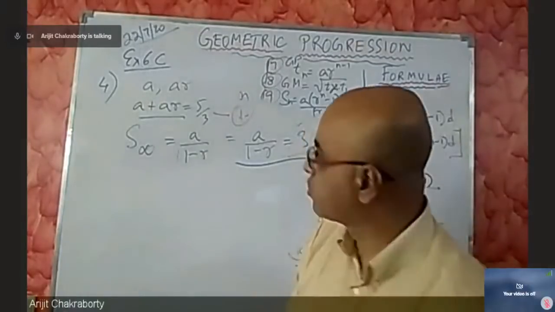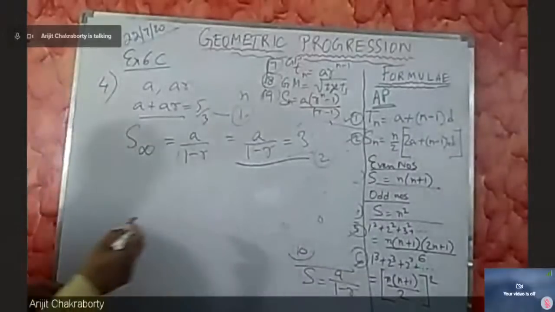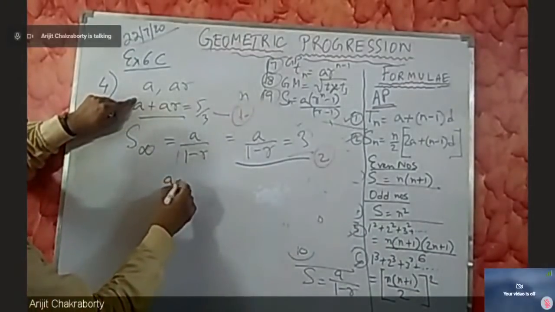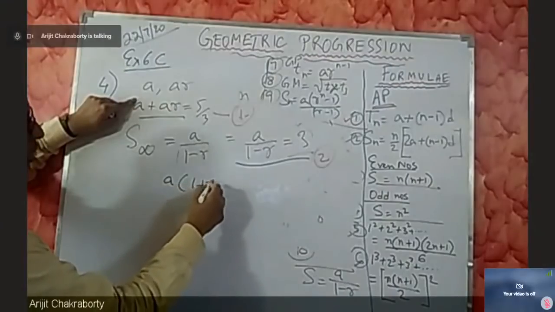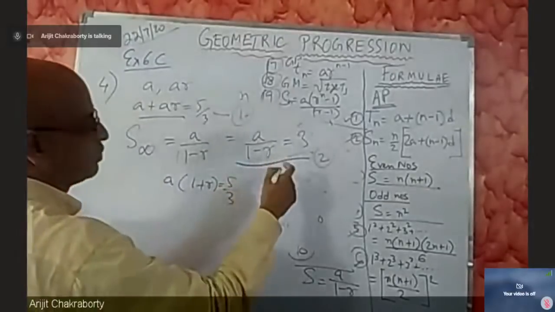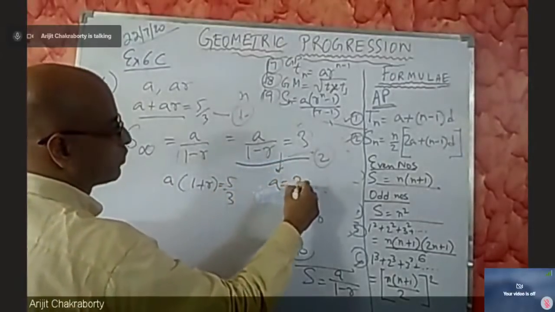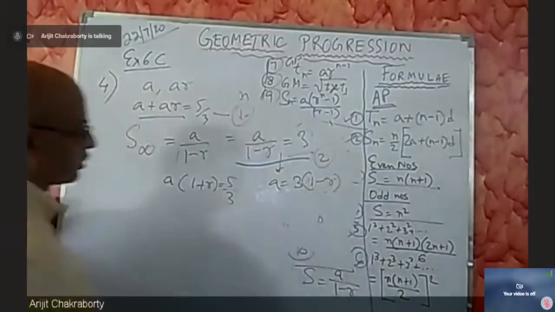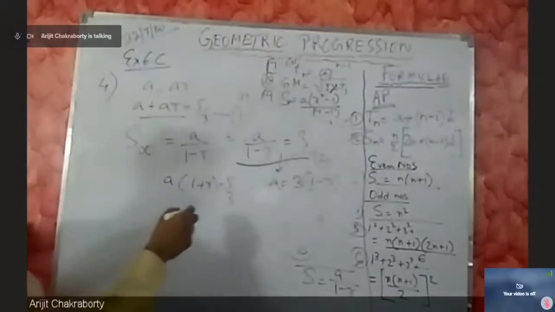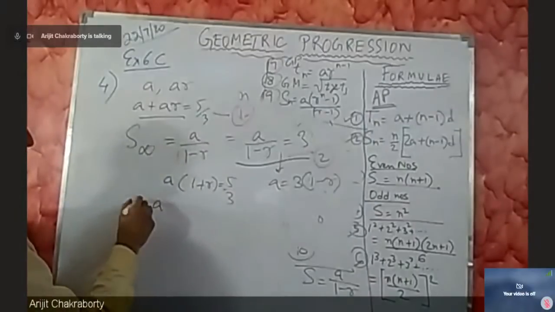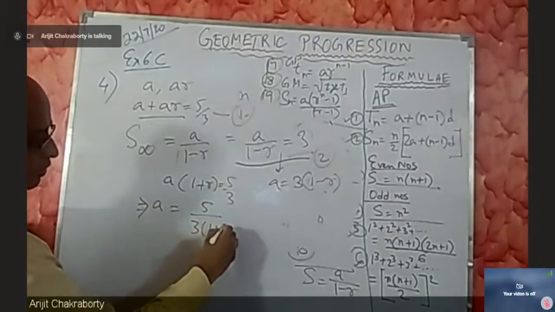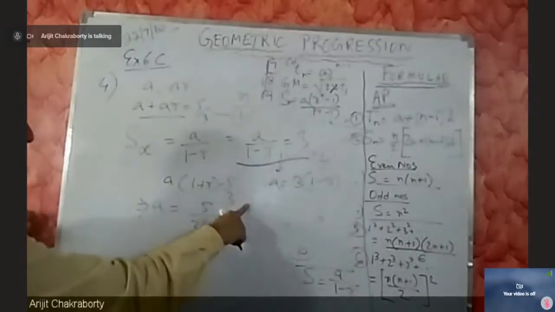From the first equation, if you take A common, you get A into 1 plus R equal to 5 by 3, so A equals 5 by 3 into 1 plus R, with 1 plus R coming down.